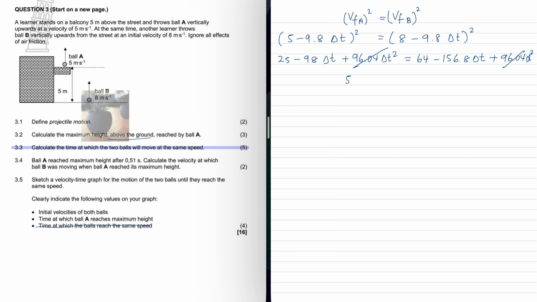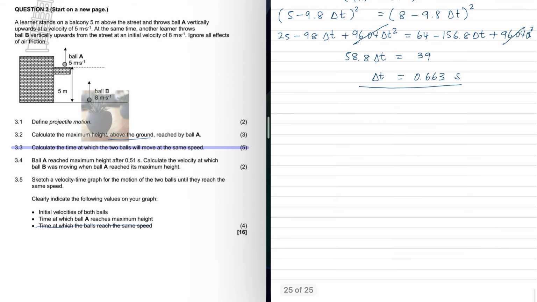You're going to have 58.8 delta t equals 39. Then you divide and you get delta t is equal to 0.663 seconds. So this is an answer, right? If you substitute the 0.663 seconds into VF for A and B, you'll get the same magnitude of velocity, but in opposite directions.